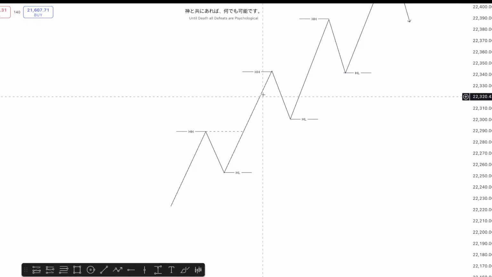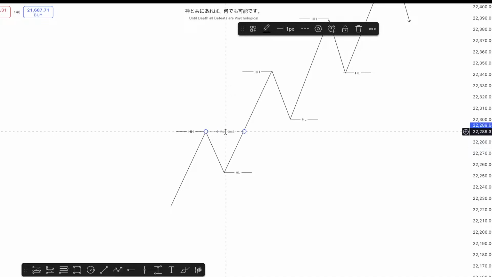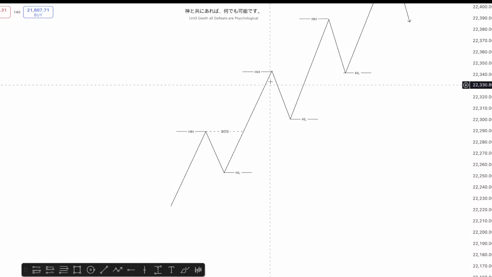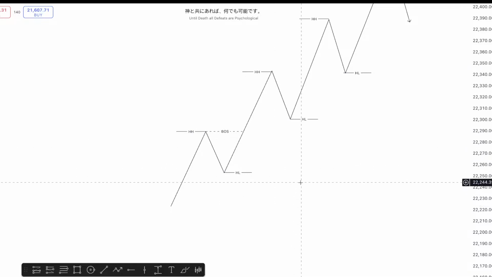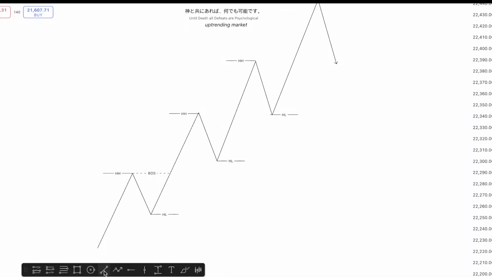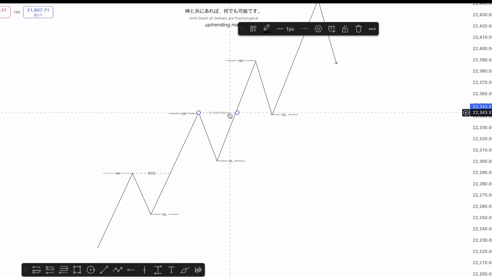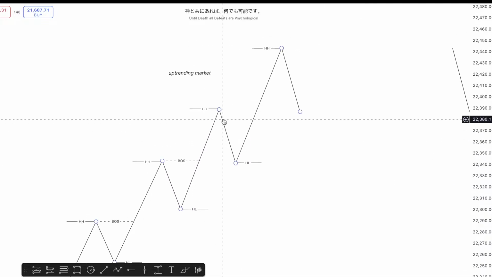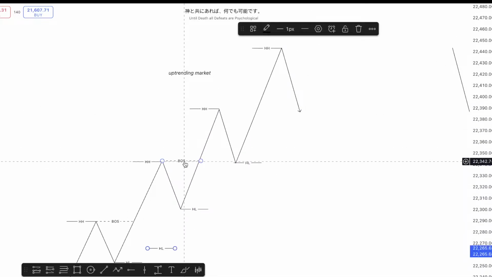There's a wall here that the market goes through. And every time the market breaks above this level, it breaks the structure of the previous high, making a new high, creating new structure. So it is breaking structure to make new structure. So here we have a break of structure. And the same thing for here.